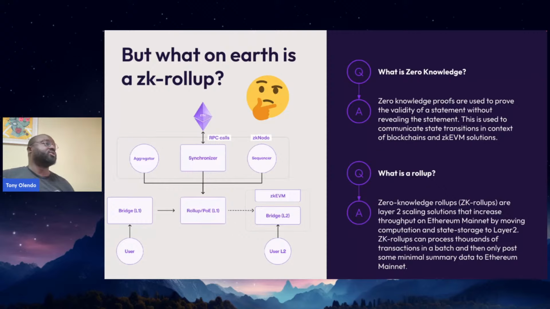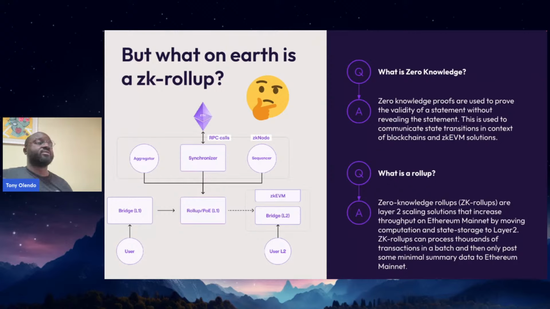The synchronizer ensures that there's sufficient RPC calls with Ethereum, and we have a sequencer and then an aggregator that essentially ensure concurrency of transactions. ZK rollups allow us to build layer 2 scaling solutions that will help us scale the number of transactions that we could process on top of Ethereum.